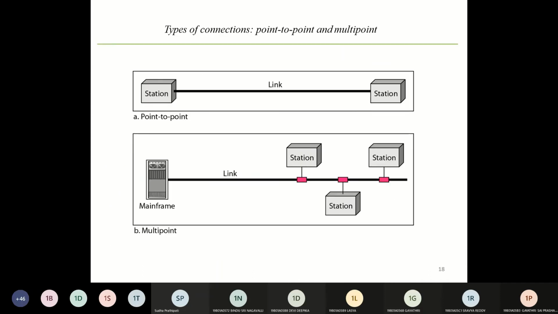This mainframe is transmitting some information, and this is the link, and you can see that there are three stations that will receive the same data. Okay, which is called a multi-point or multi-drop connection. So more than two specific devices share a single link. There will be a single link wherein more than two devices will be sharing the same link.